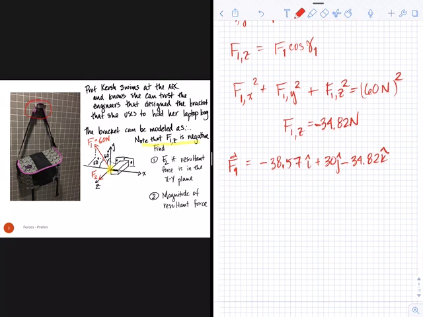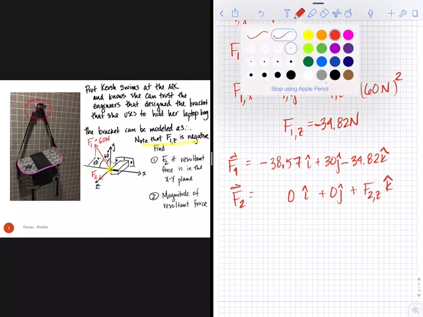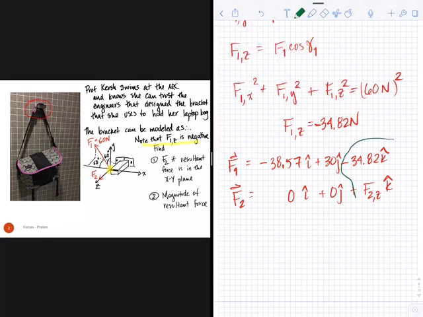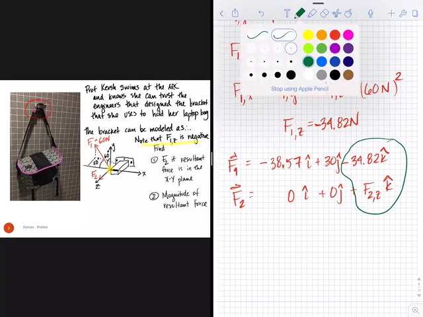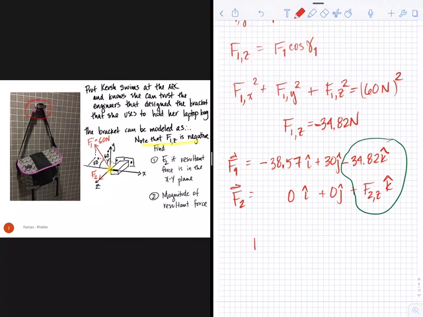So now our unknown is F2. And we can see F2 has 0 component in the i hat direction, 0 component in the j hat direction, and then some unknown F2z in the k hat direction, right? And the whole point of this problem is if the resultant force is supposed to lie in the xy plane, then these two need to balance each other. So by inspection, you can see that F2z must equal a positive 34.82 newtons.